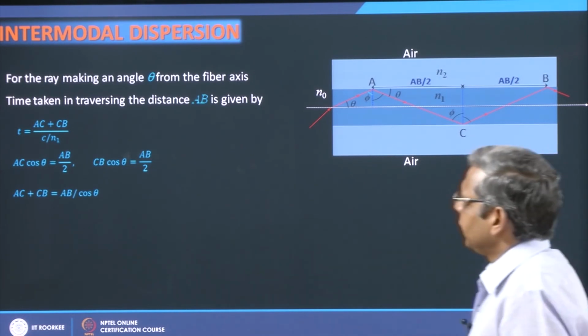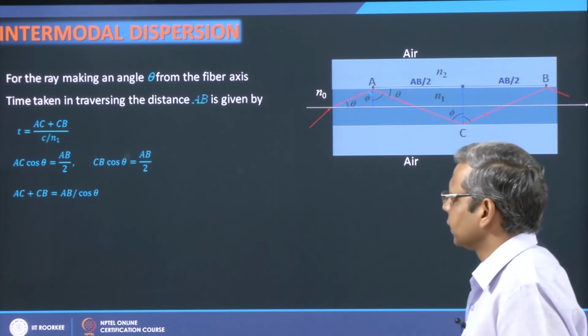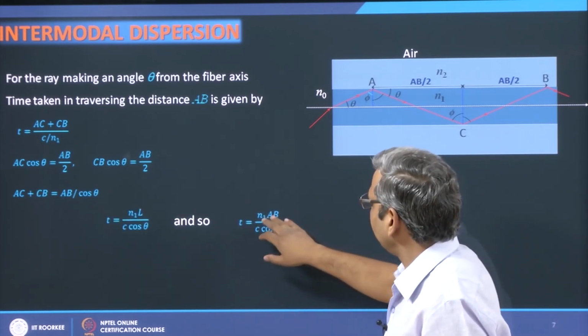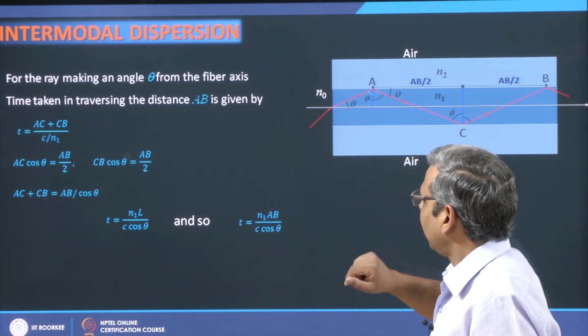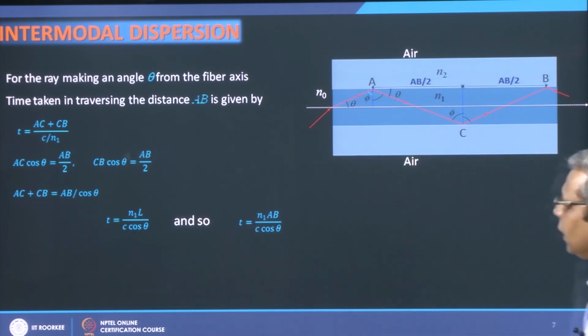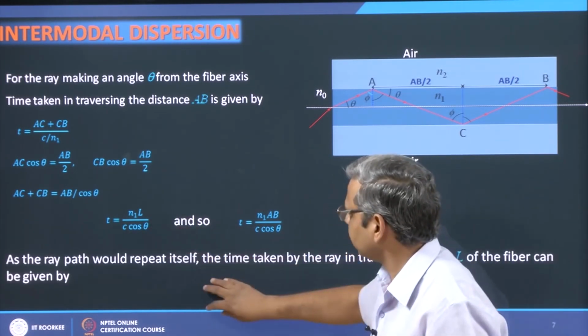Now, AC plus CB from here is AB over cos theta, and in this way I will have T is equal to N1 AB over C cos theta, and therefore for L length of the fiber it would be N1 L over C cos theta.